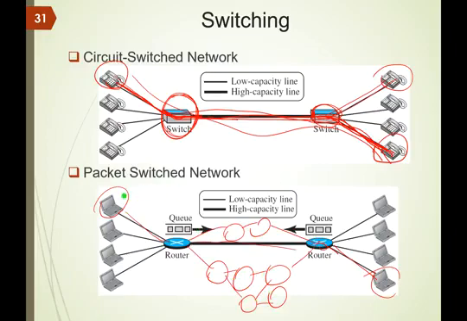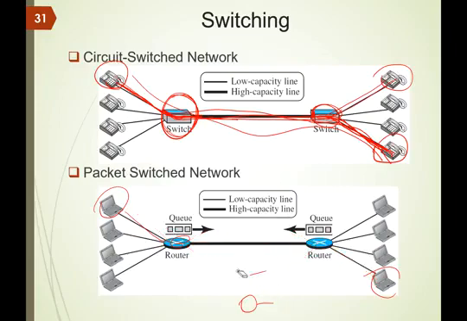So when this one sends data to this one, the first packet may go this way, but the second packet may go another route because there is no established circuit. You just send the packet, and the routing protocols will handle the forwarding of the packet, so the packet can go through any of these routes. We study routing protocols later and we'll understand how this happens.